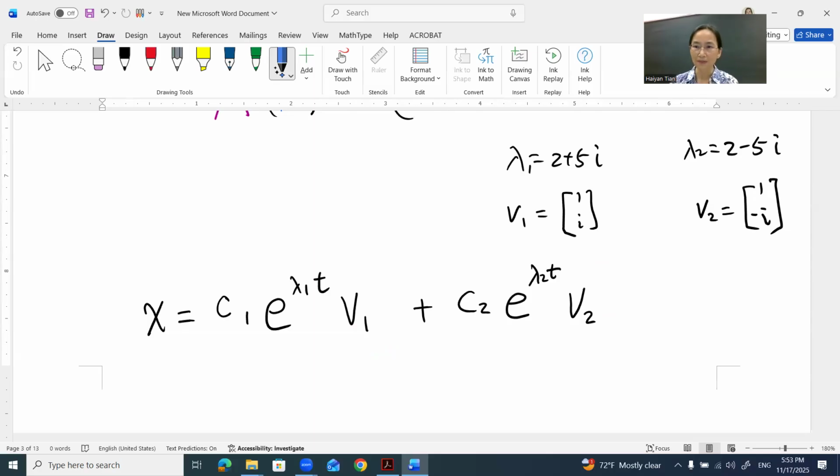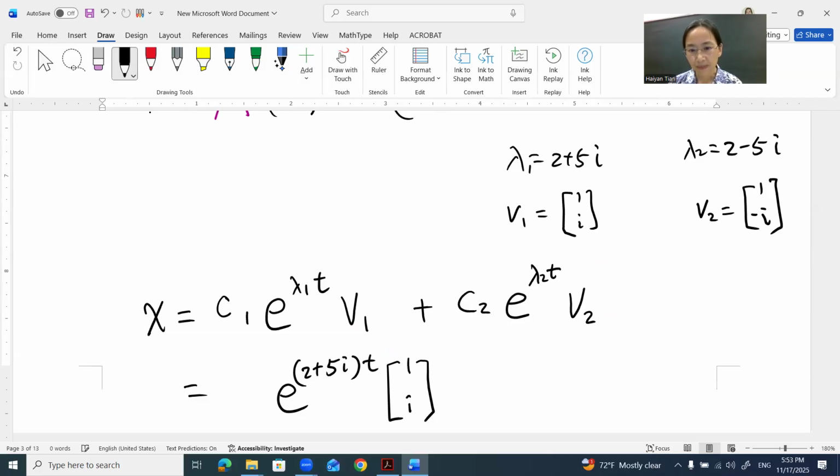We want a more friendly representation. Right now, if we write it in complex values, we have e to the (2 plus 5i)t times V1, which is (1, i), plus C2 times e to the (2 minus 5i)t times V2, the corresponding eigenvector (1, minus i).